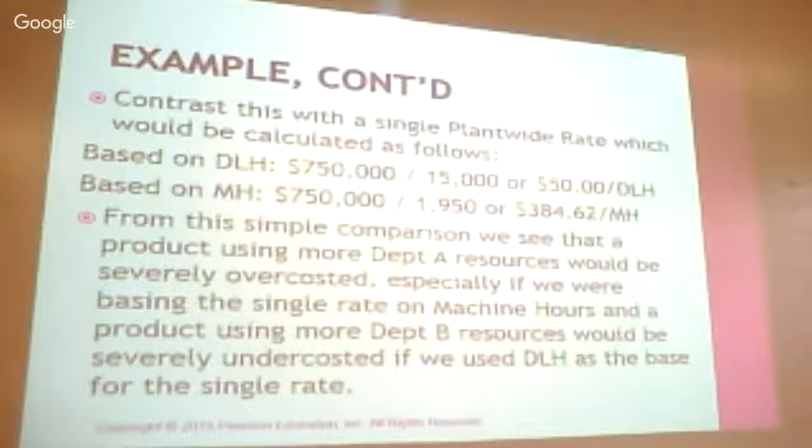So let's look at Department A here. If we based it off of everything in the entire company, what is my overhead rate? It's $50, isn't it? But if I drill down to a particular department, what happens to my overhead rate? It goes down, right?